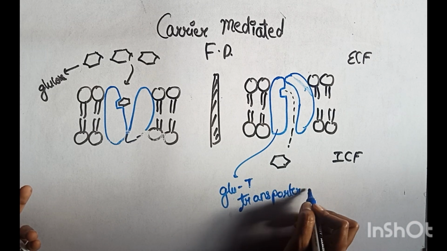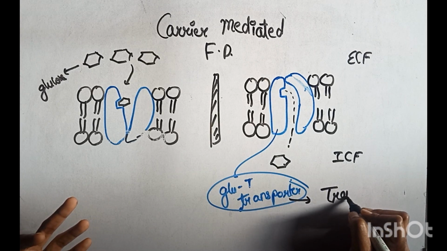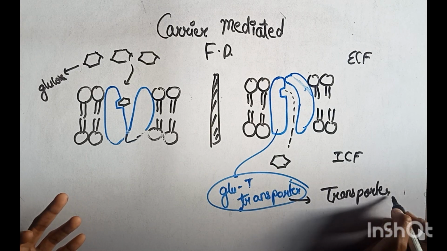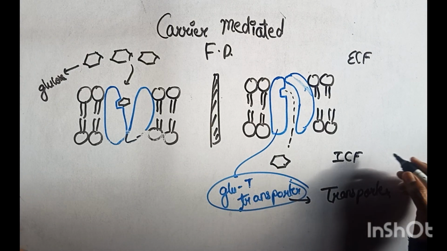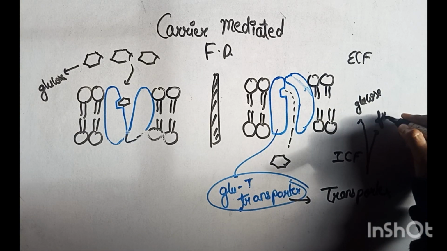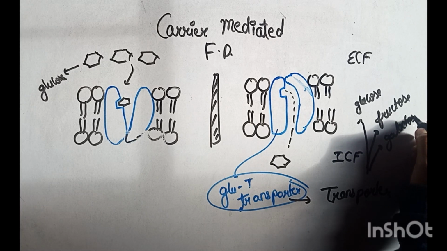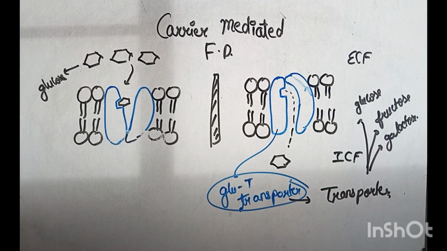This is the glucose transporter, where glucose moves from high concentration to low concentration. Only in carrier mediated facilitated diffusion does the protein change its shape. Glucose, galactose, and fructose are the molecules transported this way.